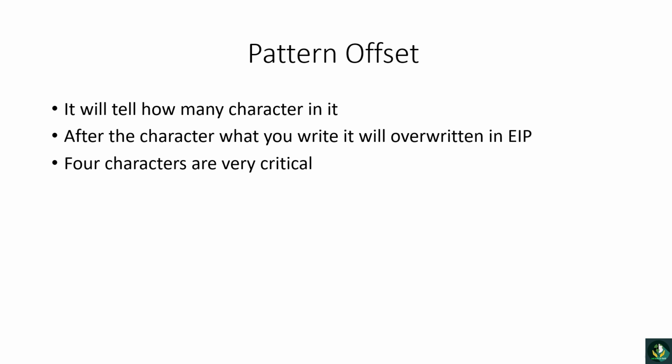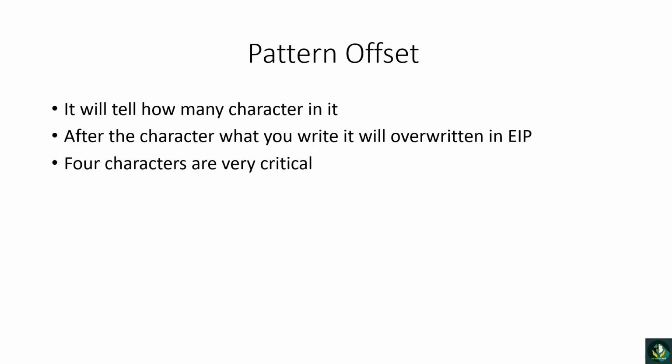So you need to know which A's have overwritten it, because if we send 5000, it could be just the first 4 or the second 4. So we need to identify from those 5000 A's which A's overwrite the EIP.